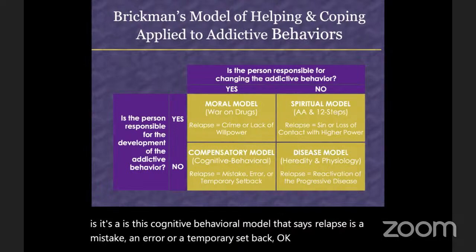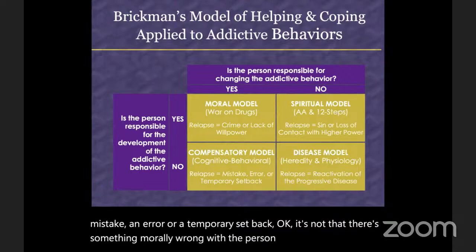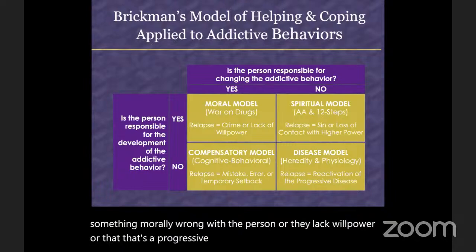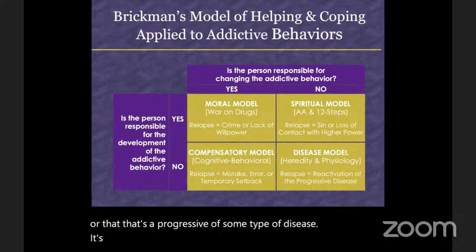It's not that there's something morally wrong with the person, or they lack willpower, or that it's the progression of some type of disease. Humans are fallible. We make mistakes.